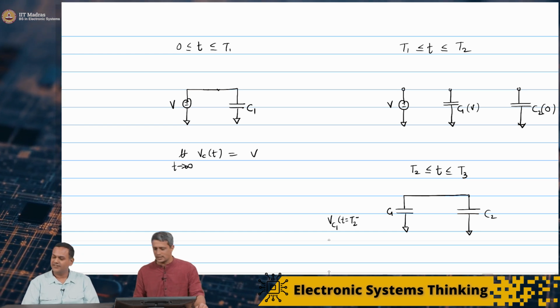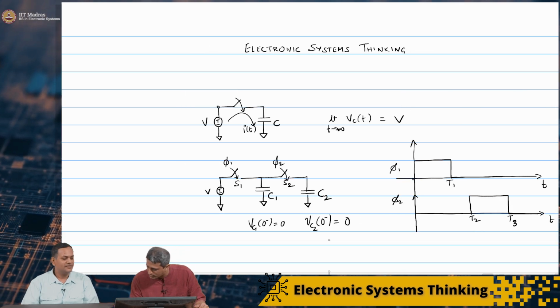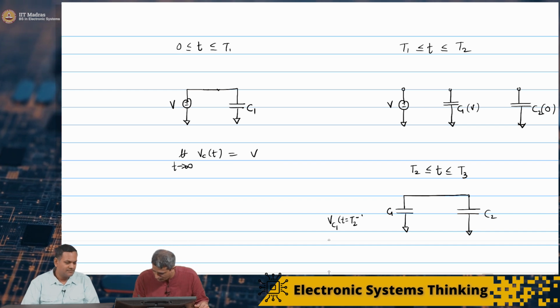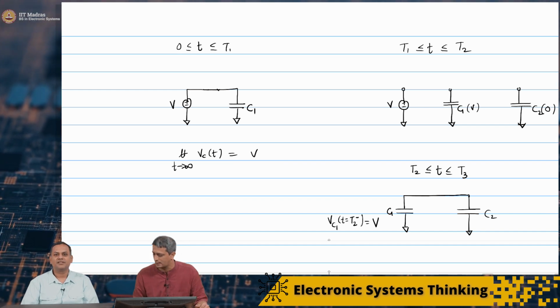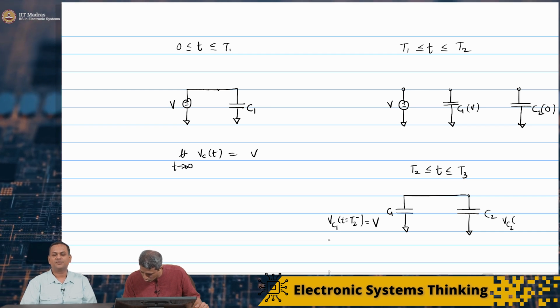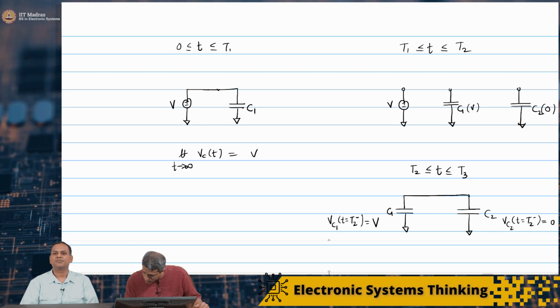Just before the switch S2 turned on, what is the value on the capacitor? We are going to say that is V. And this guy was 0. VC2 of T equal to T2 minus equals 0.